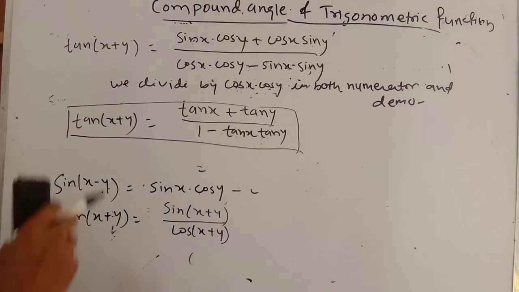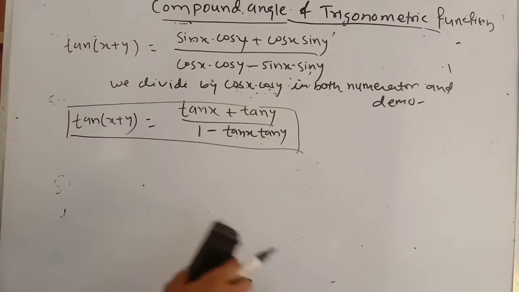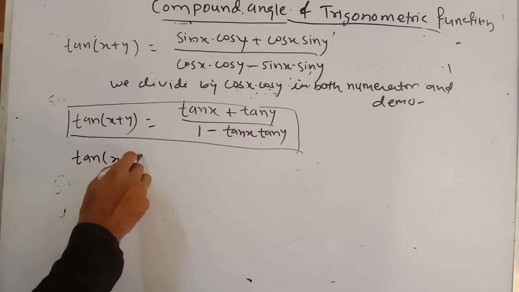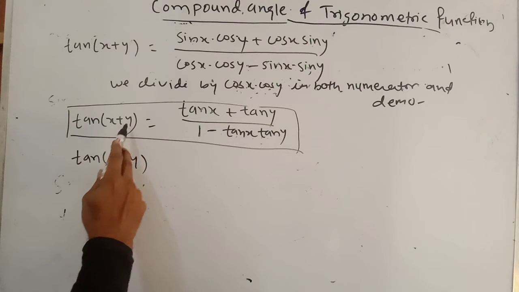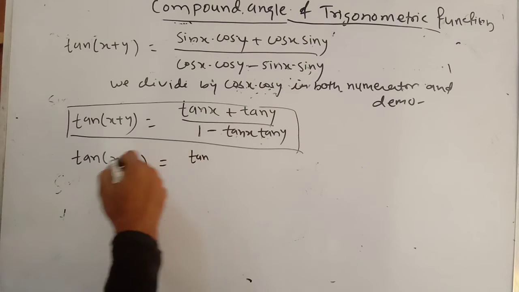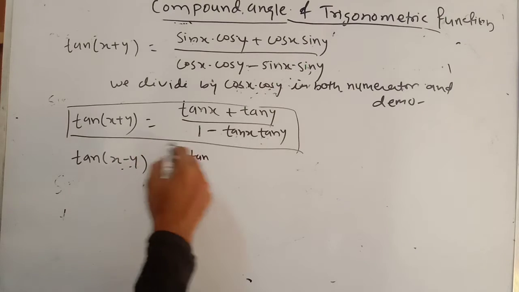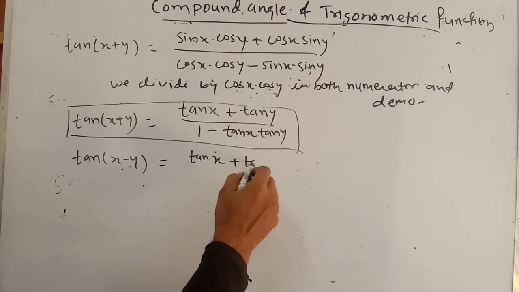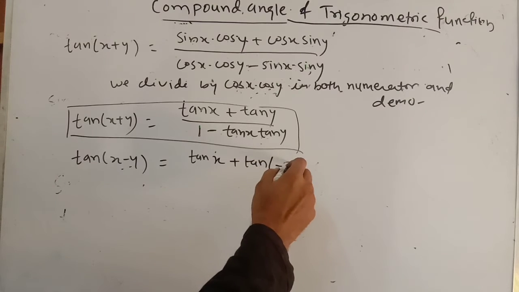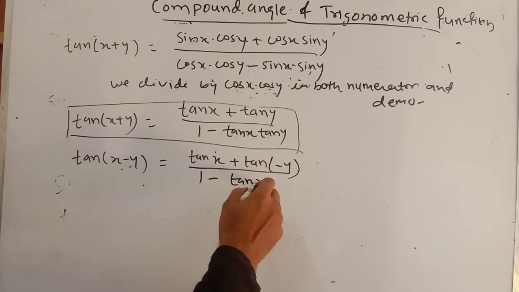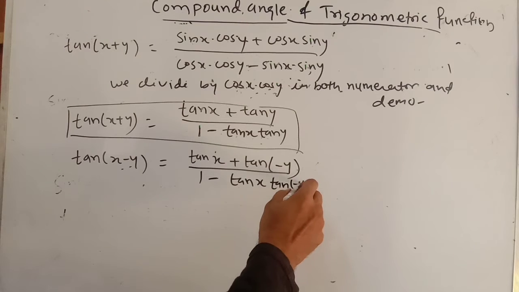Okay, so now after that you can also find tan of x minus y. Instead of y, you can put minus y. Then you can get the compound angle formula of x minus y for the trigonometric function tan. So you write tan x plus tan of minus y, over 1 minus tan x tan of minus y.